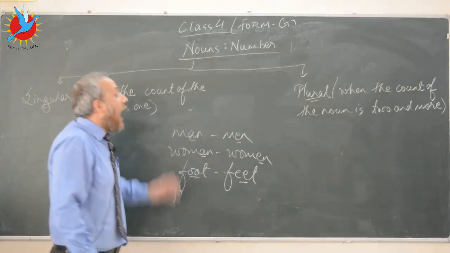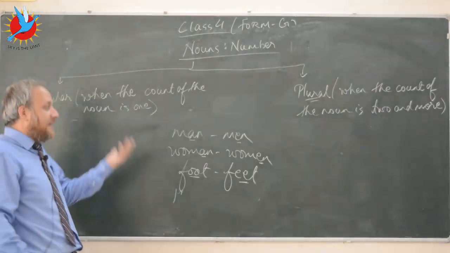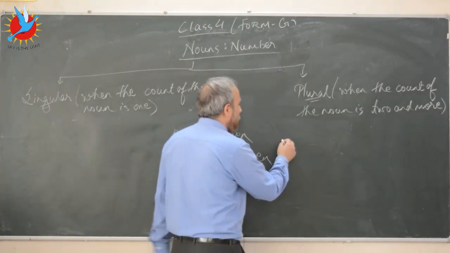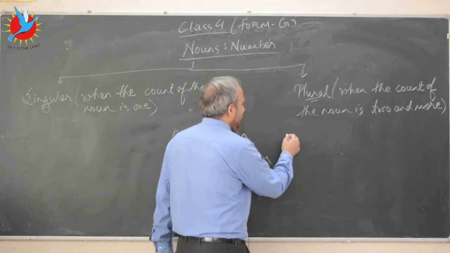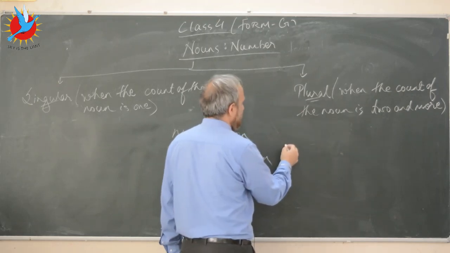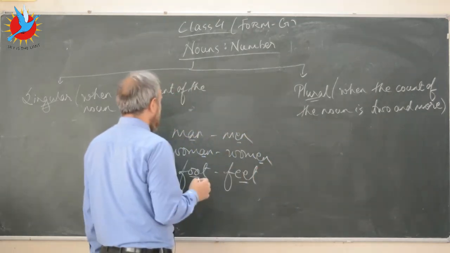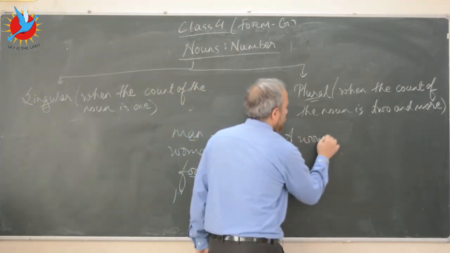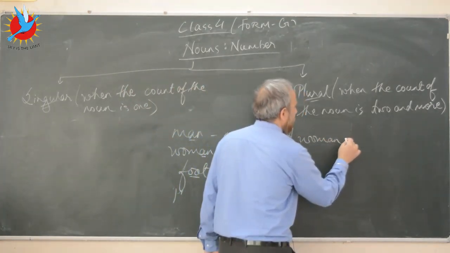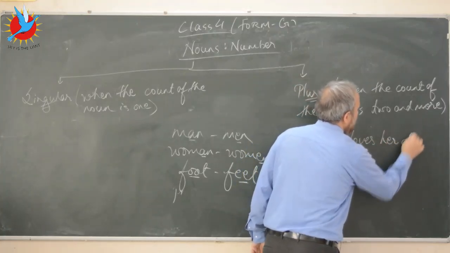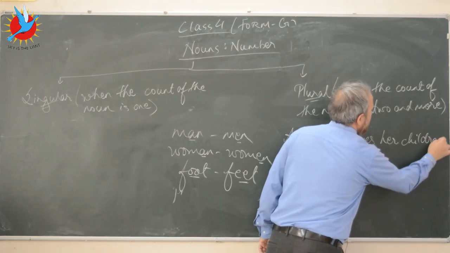Okay, so how am I supposed to write sentences? I'll just write two sentences for you on the board. A woman loves her children.